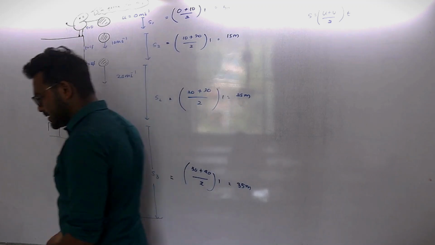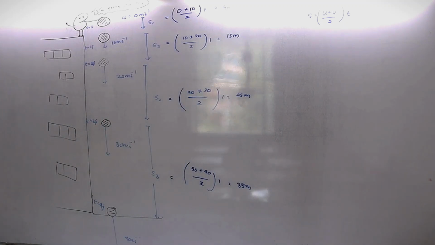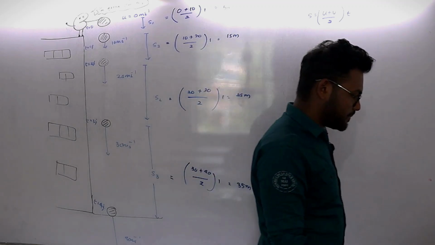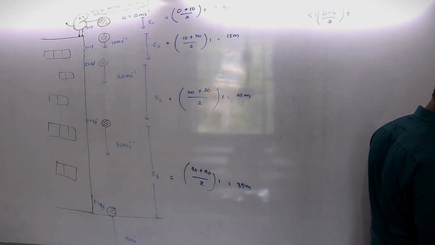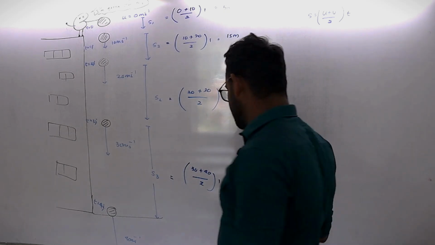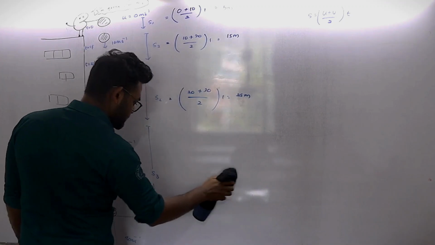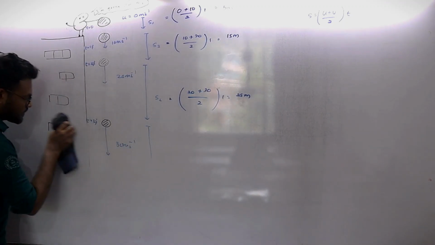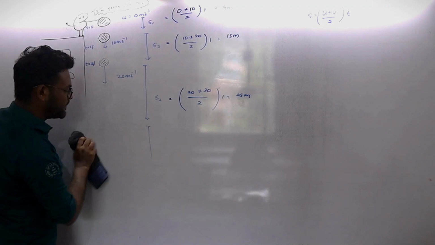Find the height the object will fall under gravity in 5 seconds when released freely.